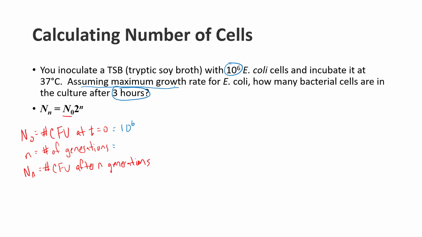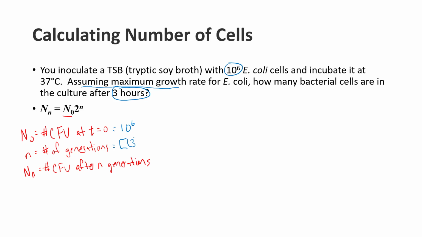coli has a doubling time of 20 minutes, right, at the maximum growth rate. So I would expect you to know that E. coli has a maximum growth rate of 20 minutes, so a doubling time of 20 minutes. So what we would have to do here is figure out how many generations based on those 3 hours.